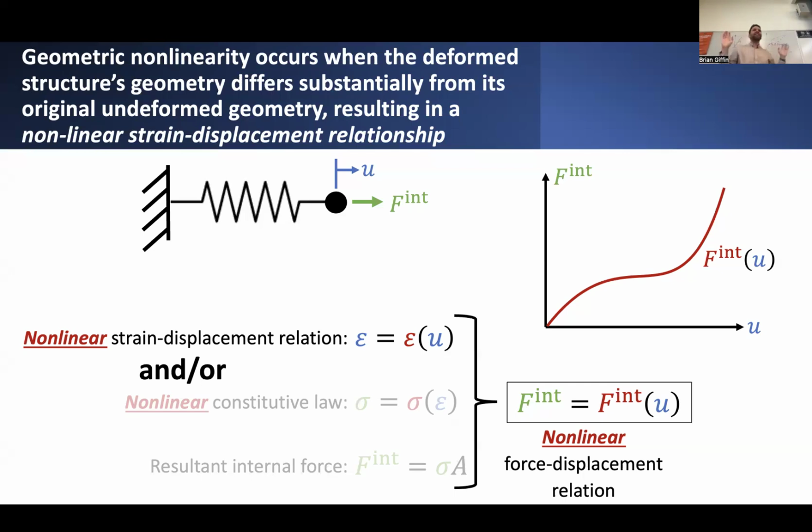So outside of that, the other type of nonlinearity that we might encounter is something called geometric nonlinearity, which, to put it rather simplistically, is kind of like saying that not just is there a nonlinear relationship between stress and strain, geometric nonlinearity is characteristic of a nonlinear relationship between strain and displacement. And you might think, well, how can that be? That seems unusual.